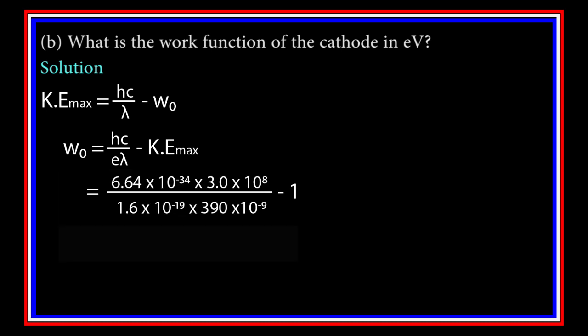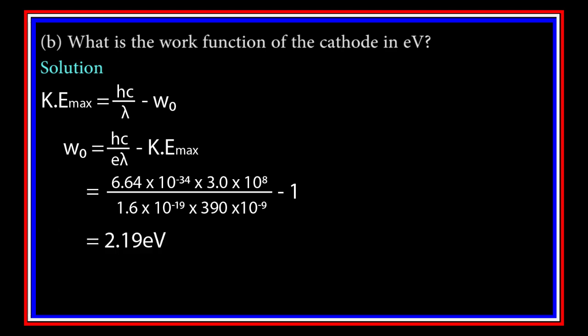This is equal to 6.64 times 10 to the power negative 34 times 3.0 times 10 to the power 8 over 1.6 times 10 to the power negative 19 times 390 times 10 to the power negative 9, minus 1. This is equal to 2.19 eV.